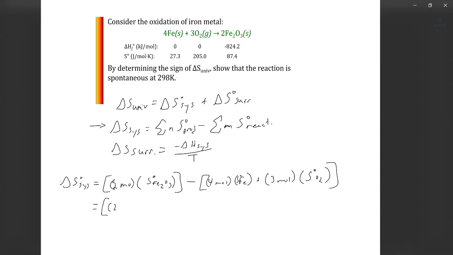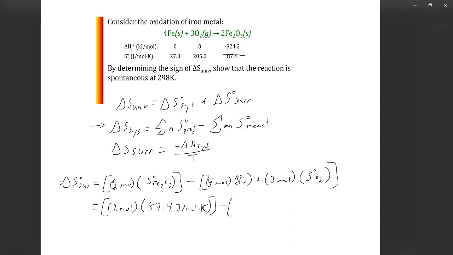So 2 moles times the entropy for iron oxide. Just come up here and grab it. 87.4. Remember, these are joules per mole Kelvin. Minus, and I'll go ahead and cross this out since we used it.